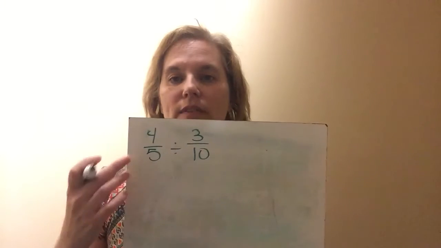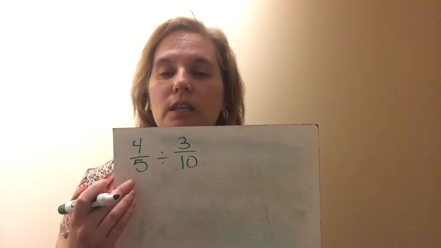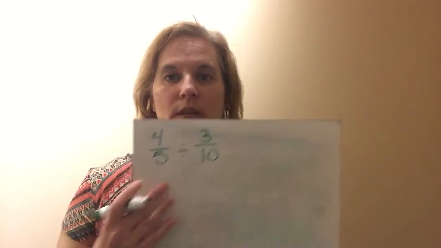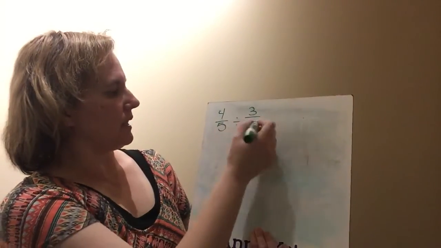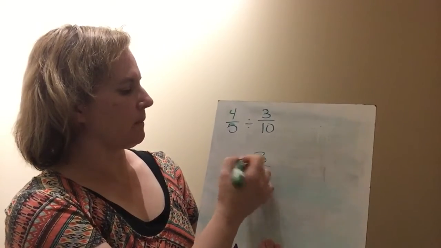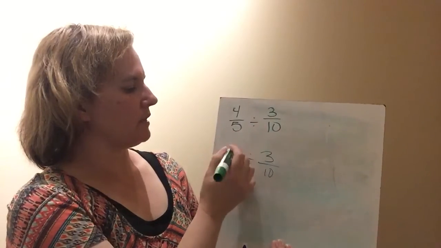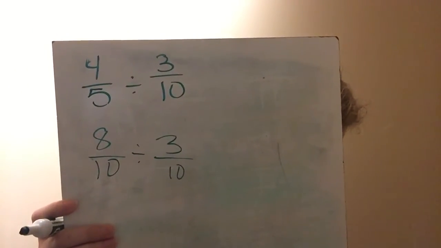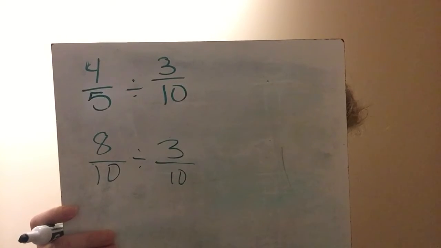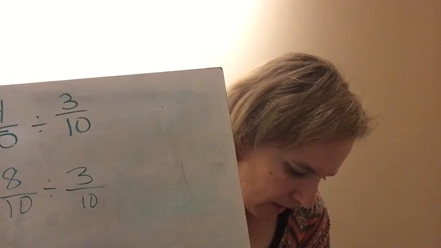So if you want to just straight up divide like normal, you need to get like denominators. Both of them will go into 10. 5 times 2 is 10, so 4 times 2 is 8. And then that gives you 8 divided by 3.